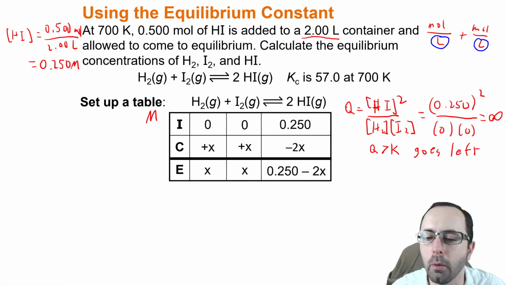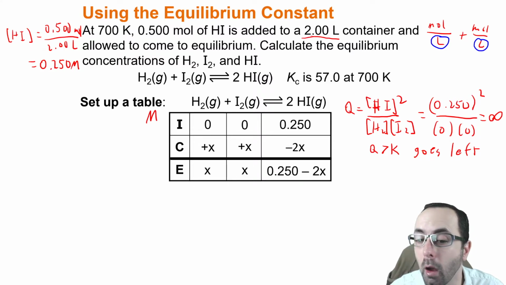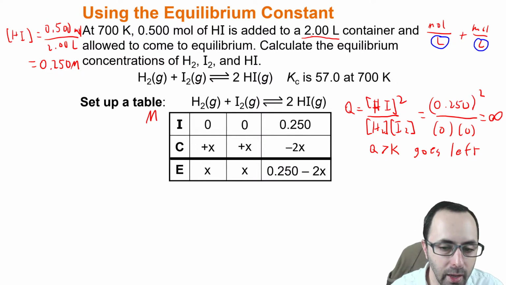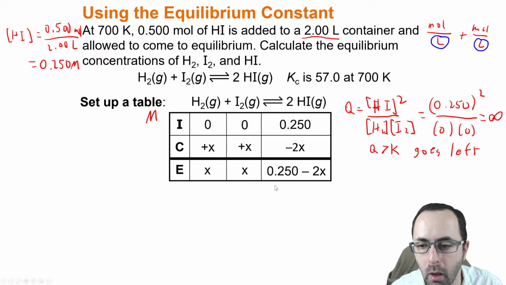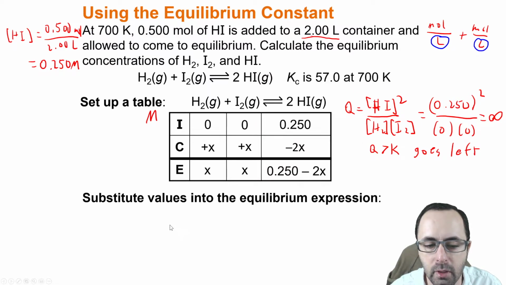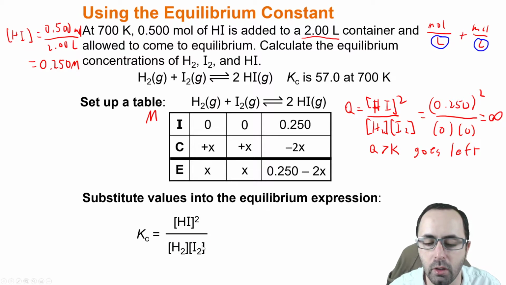At this point, though, we're going to have to plug these into the equilibrium constant expression and solve for X. That's our goal now. And so let's write out the equilibrium constant expression. It looks just like the Q expression here. So the K expression is going to be our concentration of HI squared on top, and on the bottom we'll have our concentration of H2 times our concentration of I2.